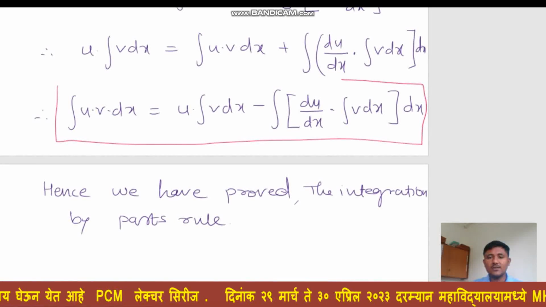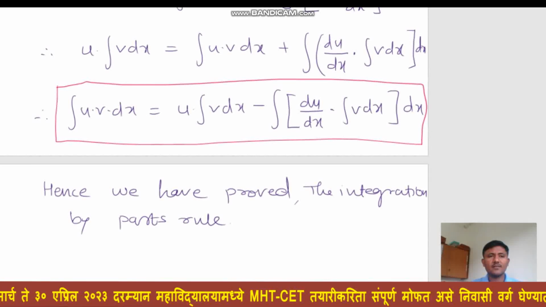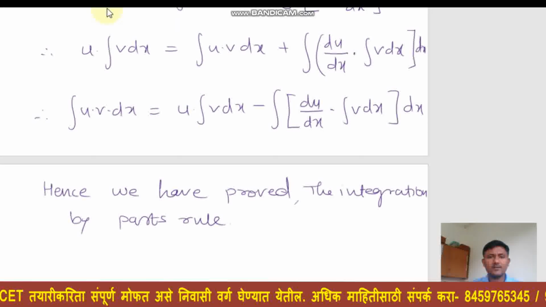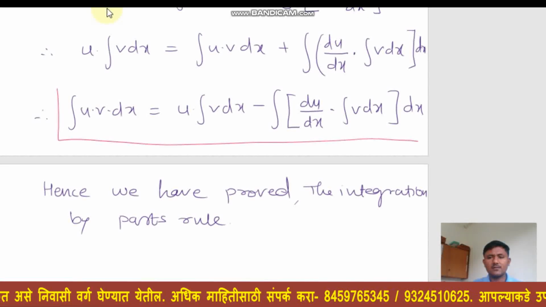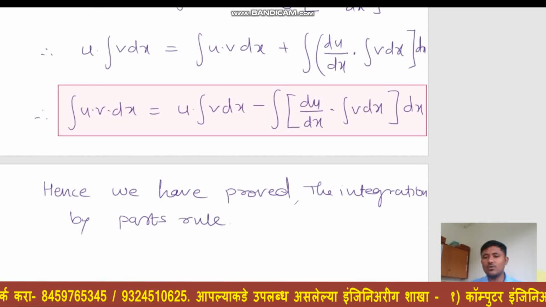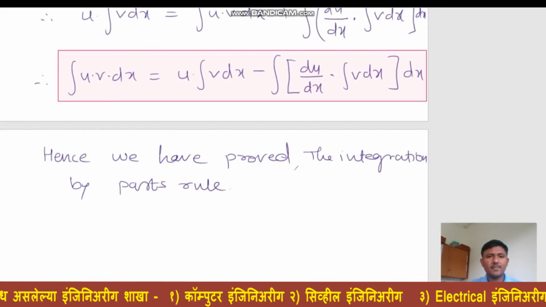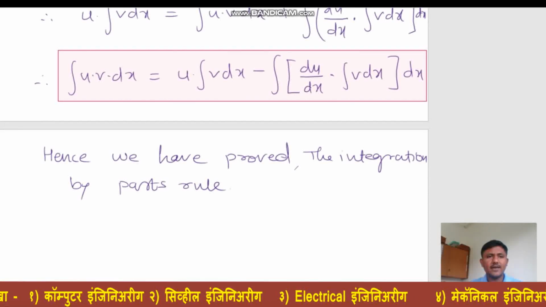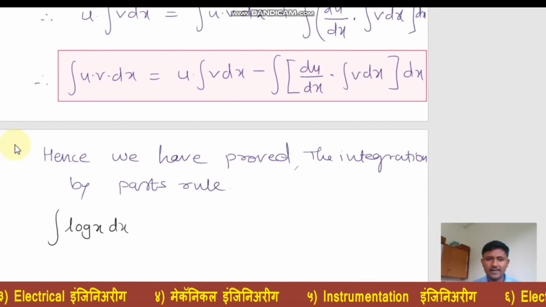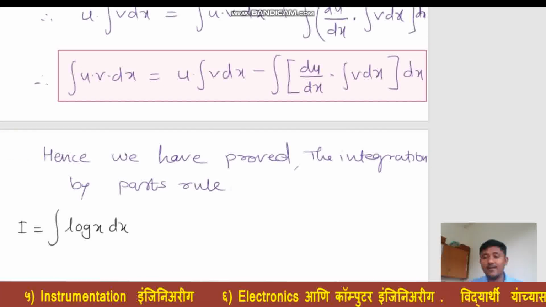Let me just show you how to do that. We have been asked to evaluate the integral of log x dx. Okay, so we want to evaluate that integral, so let me just write I to be that integral.